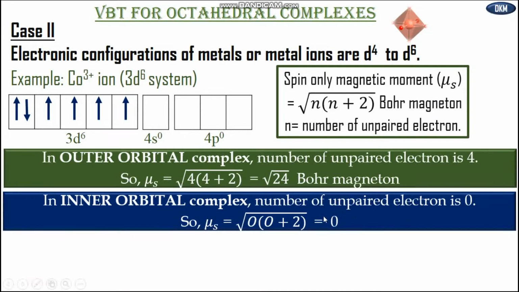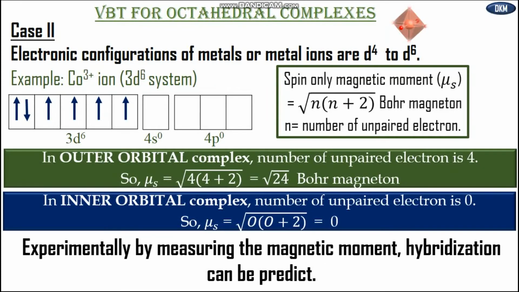Again, if you find a Co3+ complex having magnetic moment near to 0, then you can conclude that the complex is an inner orbital complex of Co3+ and its hybridization is d2sp3. So, experimentally by measuring the magnetic moment of a compound, hybridization can be predicted.